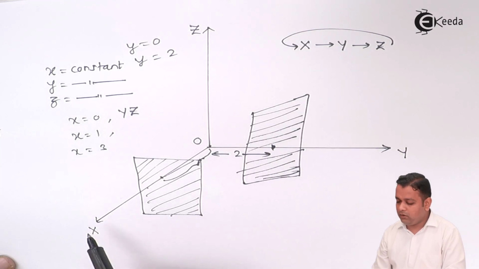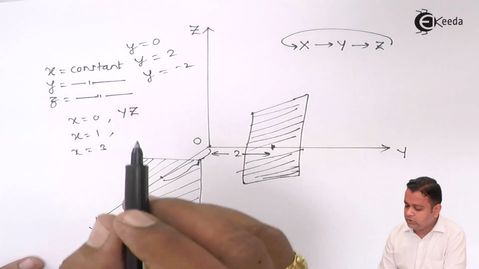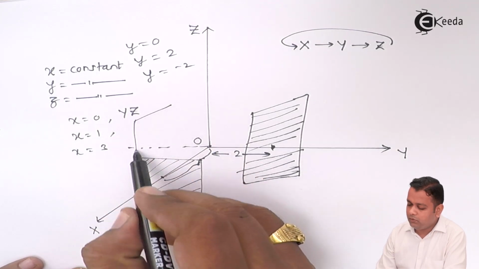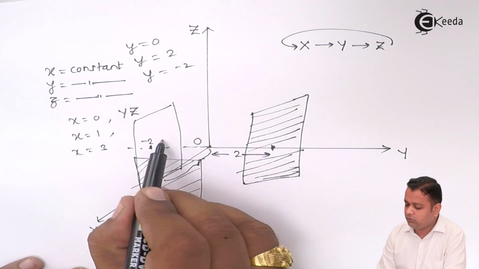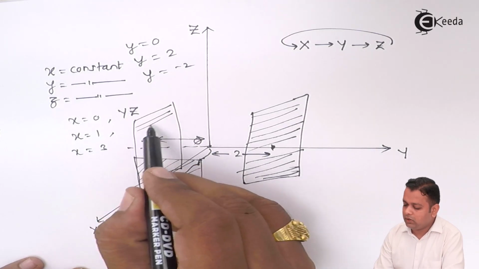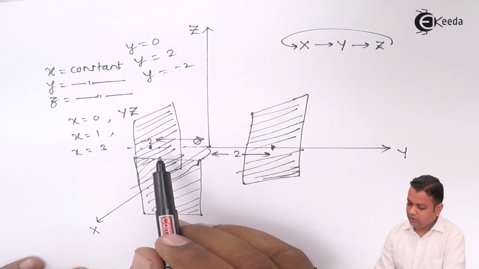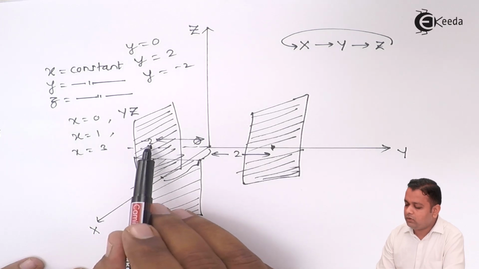This plane is parallel to the xz plane. Suppose I take y is equal to minus 2. On the negative side of y, I have to put that particular plane which will intersect at minus 2. So again it is a plane parallel to the xz plane, which will intersect the y-axis at minus 2.